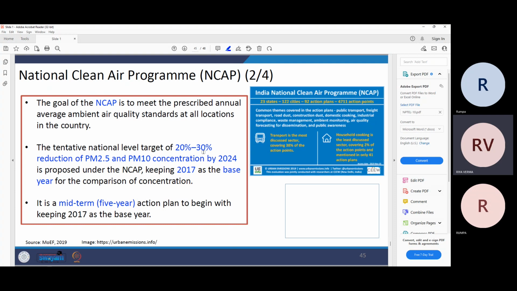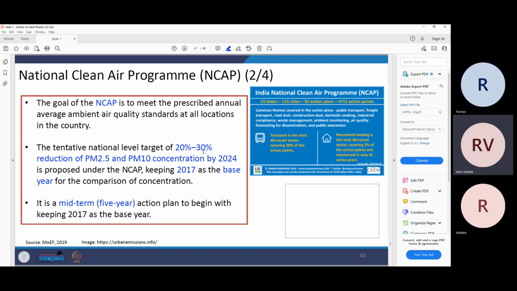The goal of NCAP is to meet the prescribed annual average ambient air quality standards at all the locations in the country. The tentative national level target of 20 to 30% reduction of PM 2.5 and PM10 concentration by 2024 is proposed under the NCAP, keeping 2017 as the base year for the comparison of concentration.